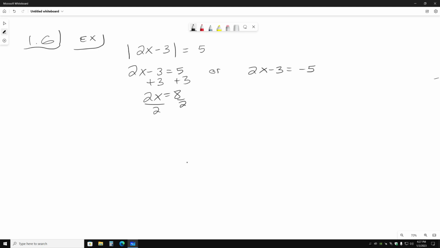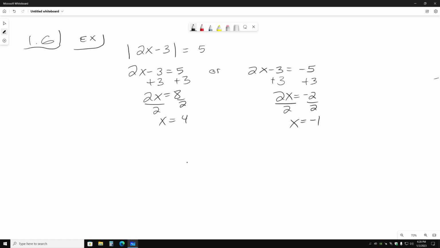Dividing each side by 2 to get x alone, we get x equals 4. Solving the equation on the right, we'll add 3 to each side again to get 2x equals negative 2. Dividing each side by 2, we get x equals negative 1.